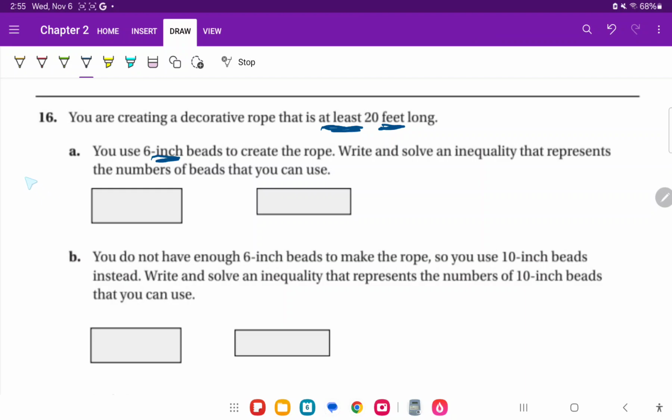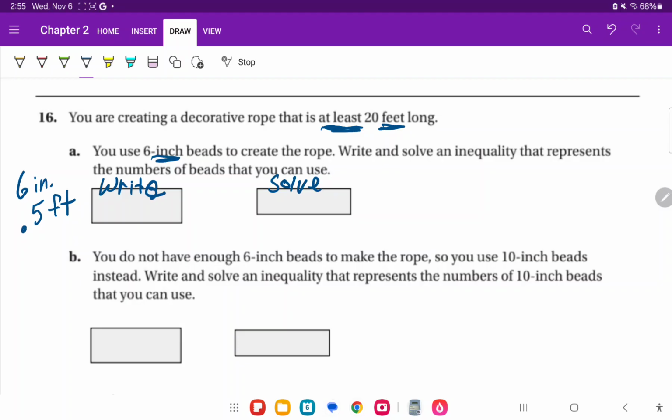So what we're going to do is take our 6 inches and change that to 0.5 feet, because 6 inches is half of a foot. You have to write your equation, and then you have to solve it, and you put your solution over here in this one.